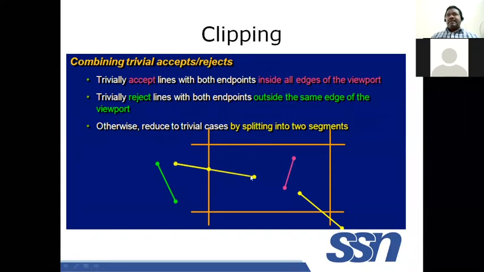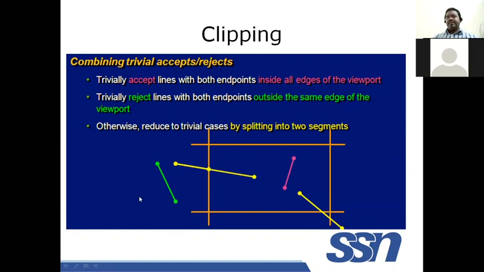If you take this particular line, a certain portion is lying outside the viewport, and this portion is visible. So trivially accept means both the ends should be within the viewport. Reject, both the ends are outside the viewport. If a line is crossing the viewport, whatever portion is within the viewport will be visible, outside will not be visible. This point you have to remember.